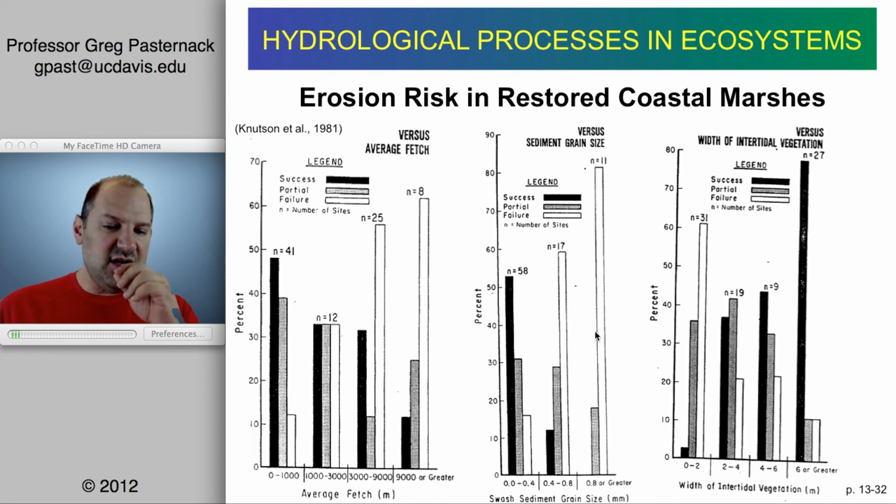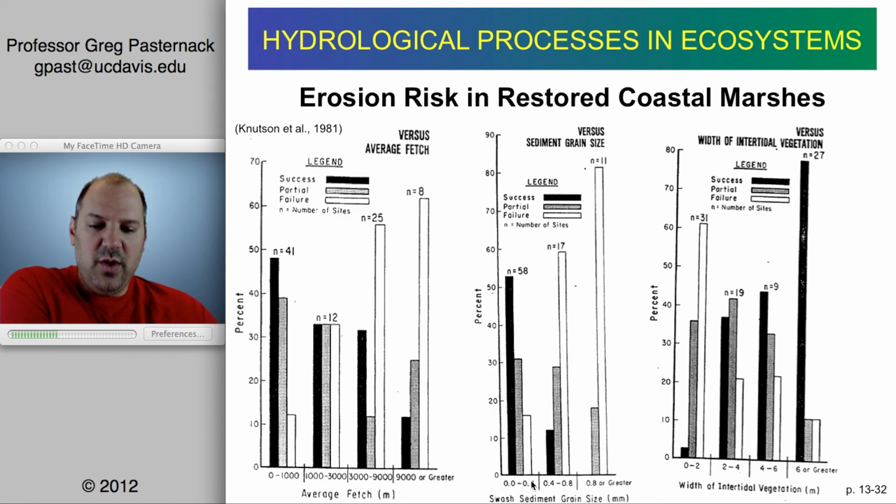With grain size, in this case swash sediment grain size, having a lot of fine sediment, you'd think that would tend to wash away. But it also could be that that makes it more cohesive. That cohesiveness means that it doesn't act as an individual grain that the wind can attack, but it's like one mud body, and that's harder to move.